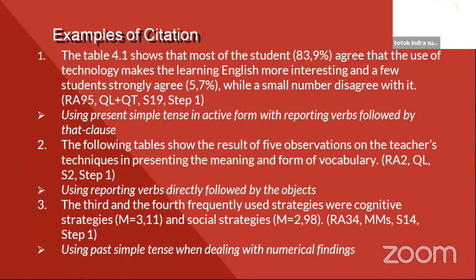Table 1 showed that most of the students agree, 83% agree, that the use of technology makes learning English more interesting, and a few students strongly agree, while a small number disagree with it, using present simple tense in active form with a reporting verb followed by a that-clause.